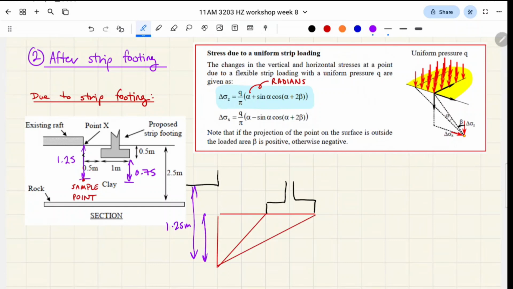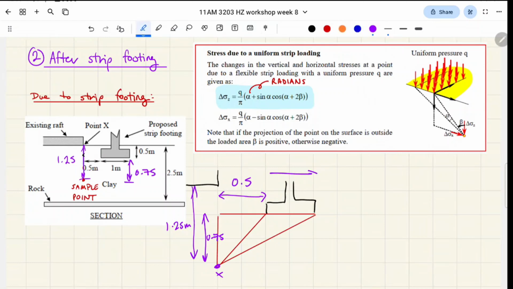This height here, 0.75 meters, right? The distance between the raft footing, oh sorry, not the raft footing, we care about this point here, which is point X. The distance from point X to the strip footing horizontally was 0.5, which is given in this diagram here.